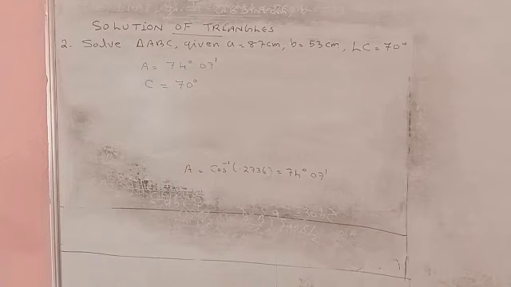Here angle A is equal to 74 degrees 7 minutes and angle C is equal to 70 degrees. Adding A and C we get A plus C is equal to 144 degrees 7 minutes.